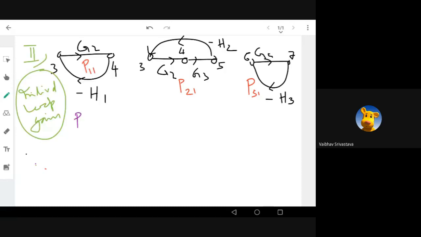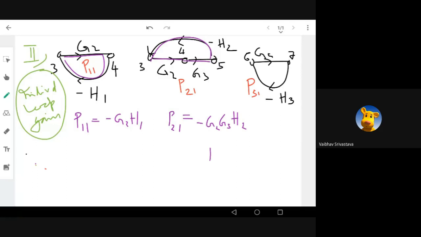For the loop gain, just multiply G2 into minus H1. So this is minus G2 H1, right? You just multiply the gains around the loop. And what is P21? G2 into G3 into minus H2, that means minus G2 G3 H2. That is P21.